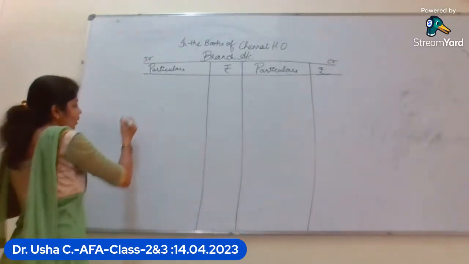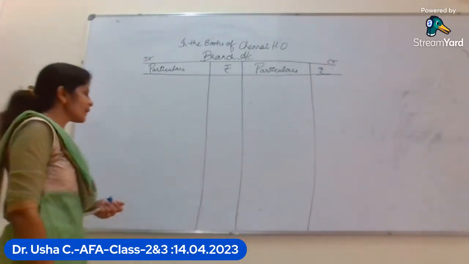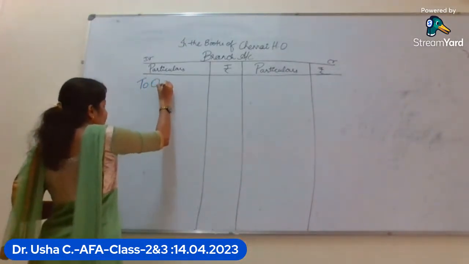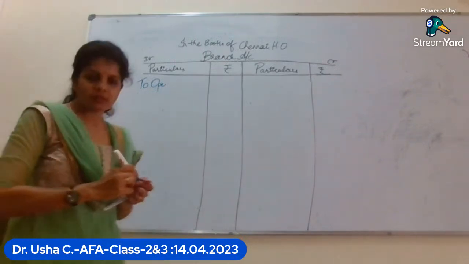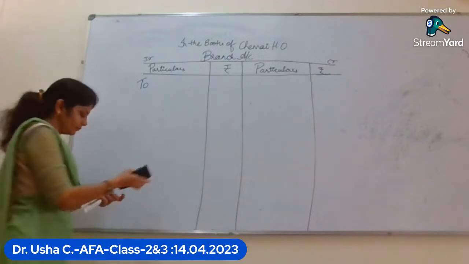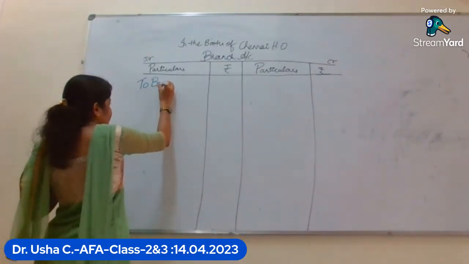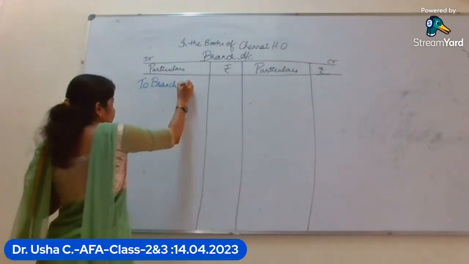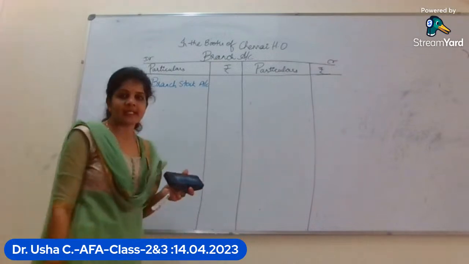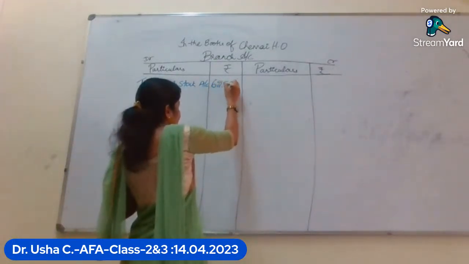First one, for opening stock, that is stock on January 1st, 2022 at invoice price is given. I'm sorry, not opening stock. Let us write this as branch stock. To branch stock. What is the amount of branch stock? It is at the invoice price 62,500.